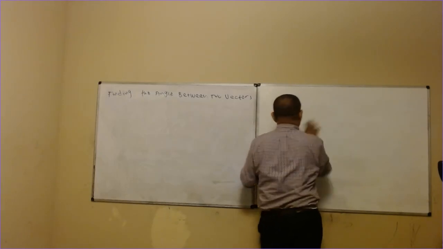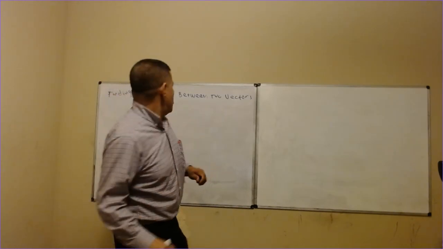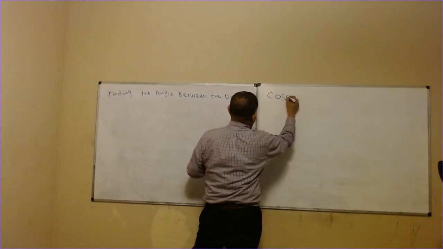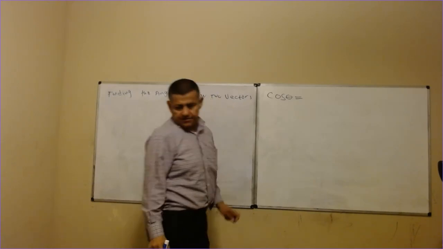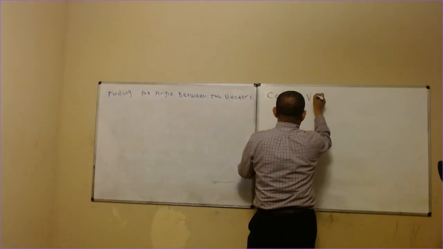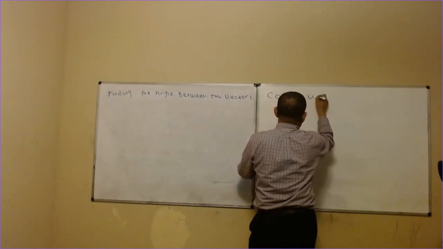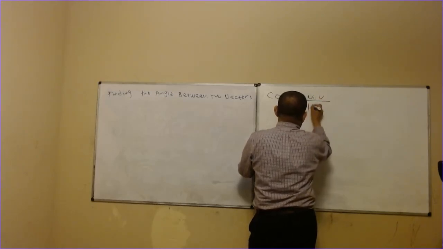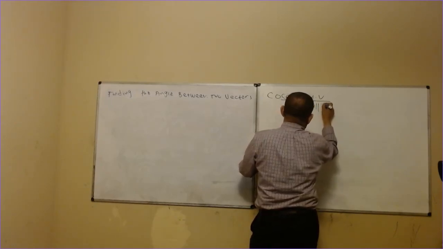So the formula is cosine of theta equal to u dot v over the magnitude of u times the magnitude of v.